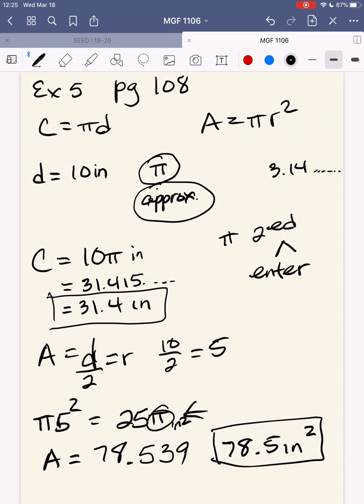Okay, the other one I want to go ahead and look at is example 8. Okay, example 8, and this is on page 109.